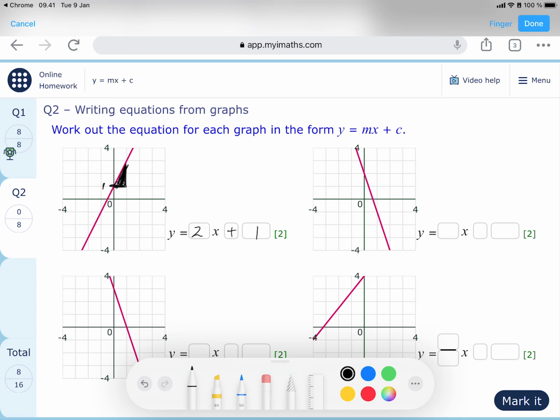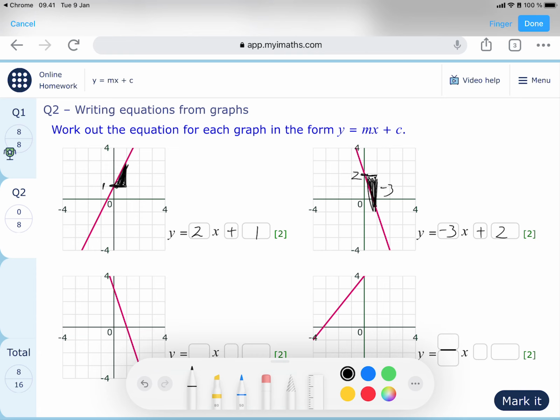The second one, it cuts at 2, and then for every 1 across, it's going down by 3. So it's got a gradient of -3. So the equation is y equals -3x plus 2.